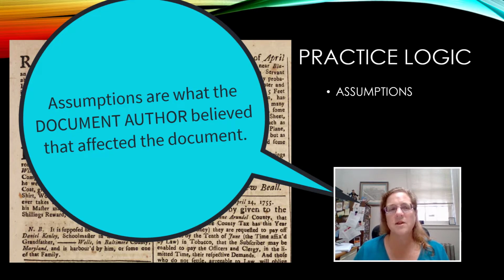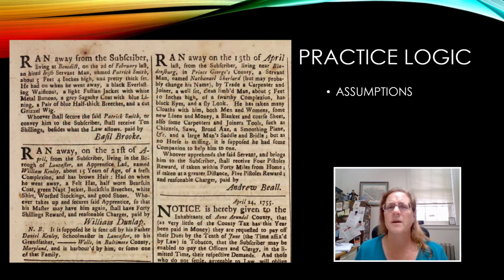What beliefs did Basil Brooke have that shaped this document? So what did he believe in? And it doesn't have to be what he says in the document. It's kind of his foundational social assumptions about the world. So think about that for just a second. Look at each other, say, oh, I'm not really sure, and then I'll show you my example.